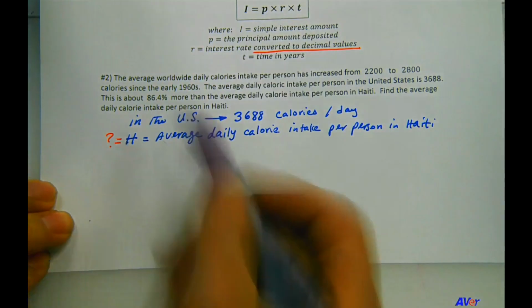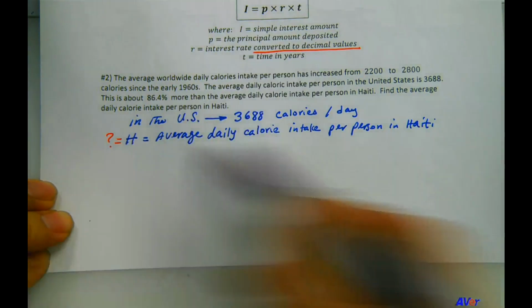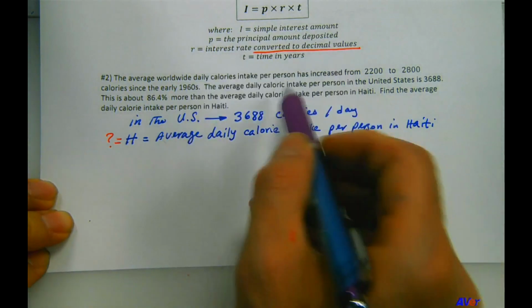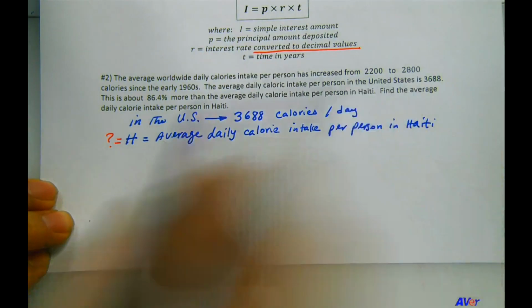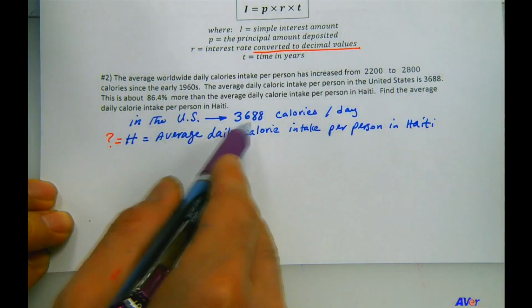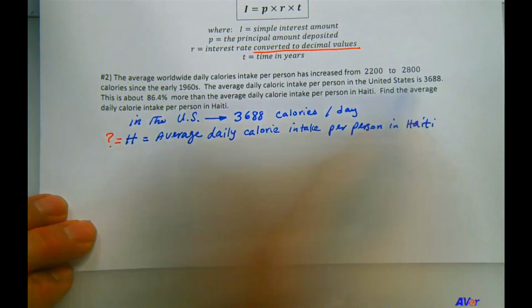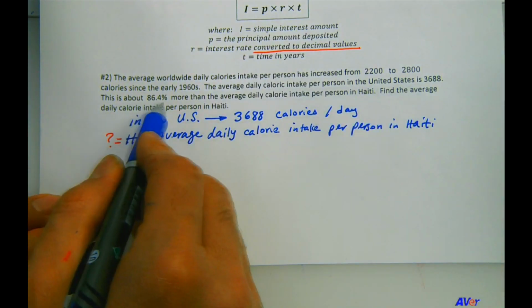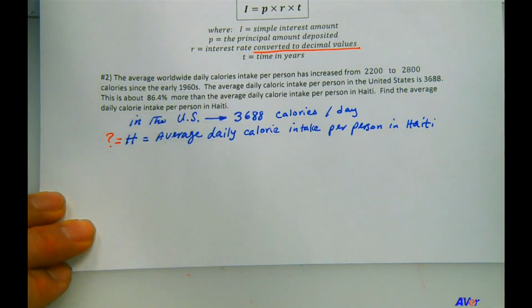We are given a relationship between that variable, which is not known, or the unknown, and the caloric intake per person in the United States. We are told that the caloric intake in the United States, this, is about 86.4% more than the average daily caloric intake per person in Haiti.